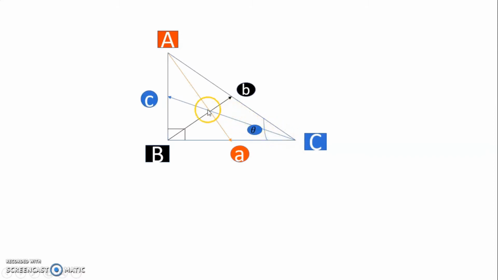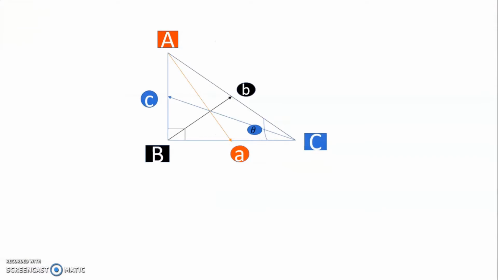The side facing theta is called the opposite, which is small letter c, while the side facing B is the hypotenuse, which is small letter b, while the other side, facing A, is called the adjacent, which is small letter a.